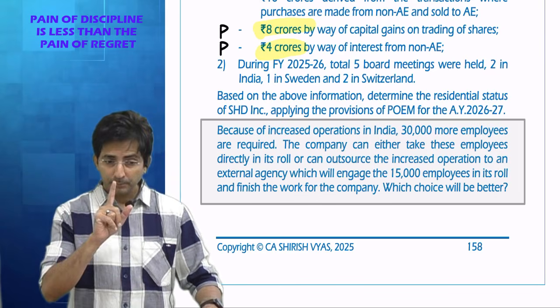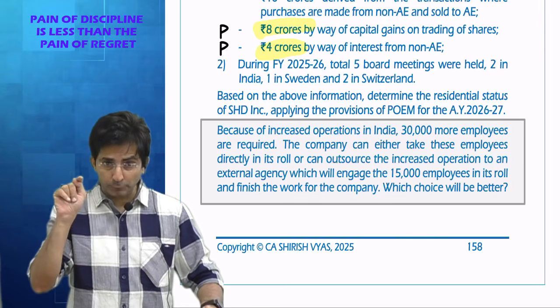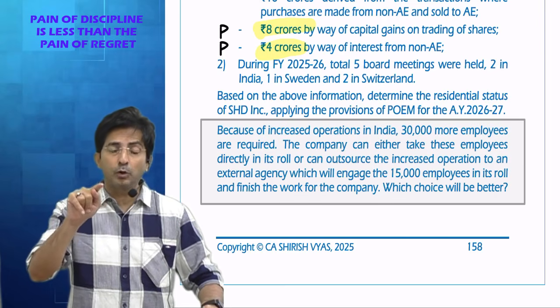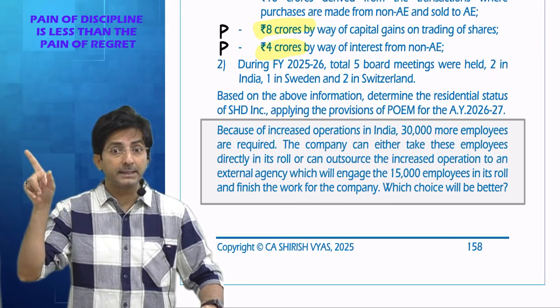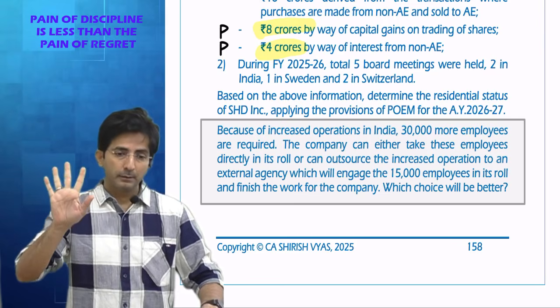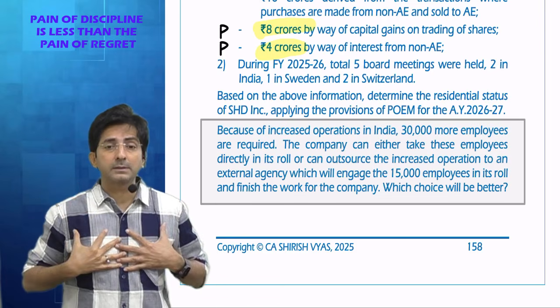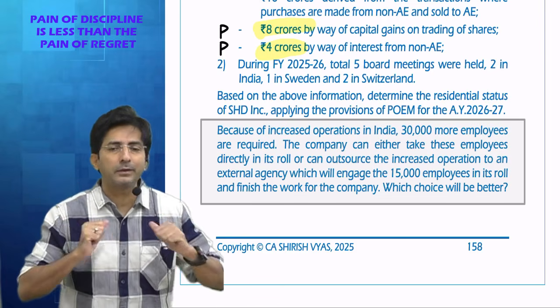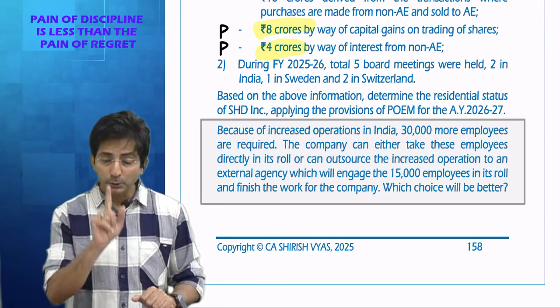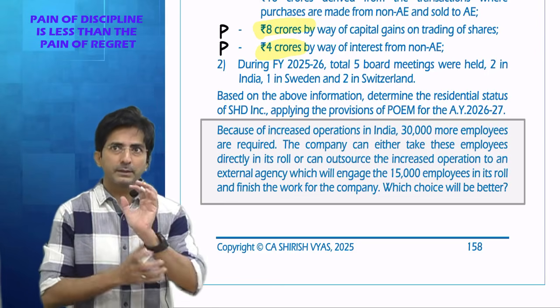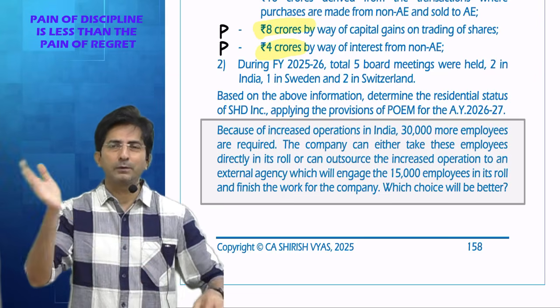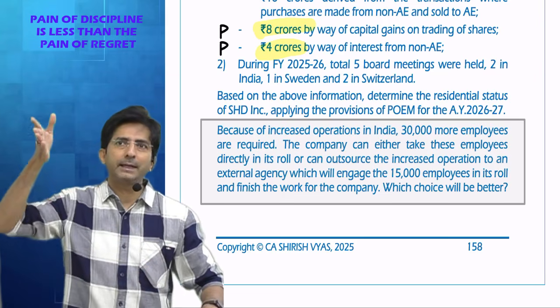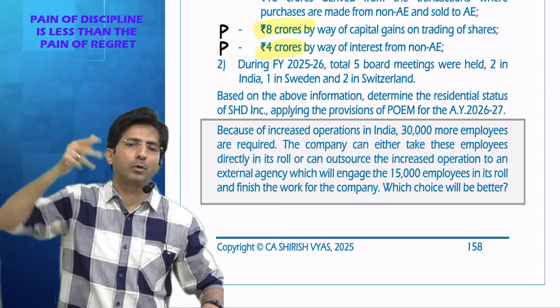And in the outsourcing option, actually the employees will be on the payroll of that outside agency. But still, the work is ours. They are counted as our employees only. This point was important. What does the student think? That once we outsource the work to the outside agency, they will keep the employees under their payroll.